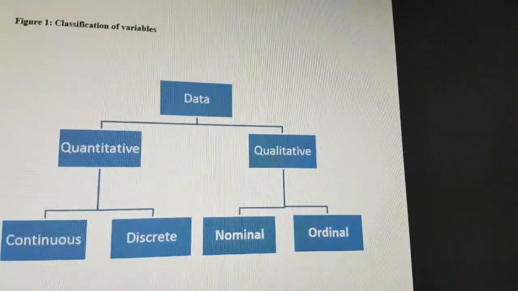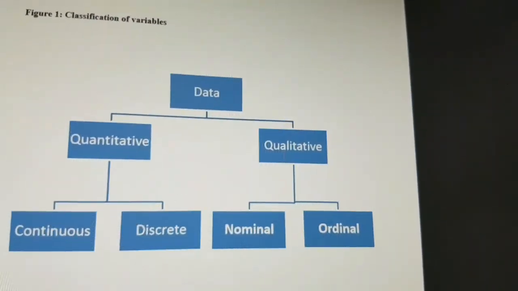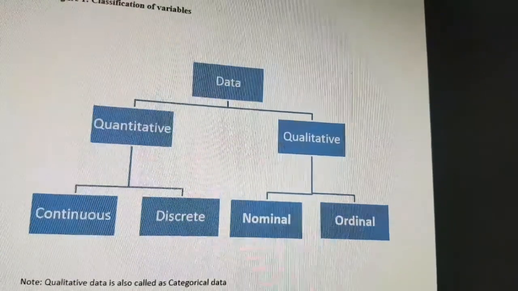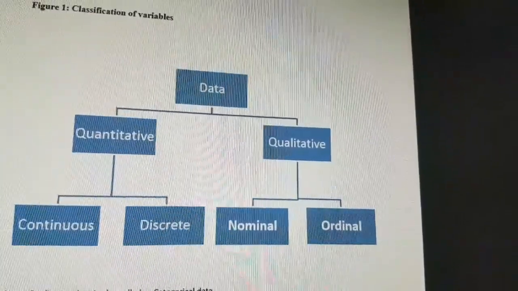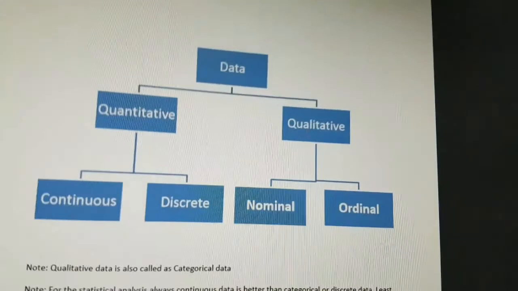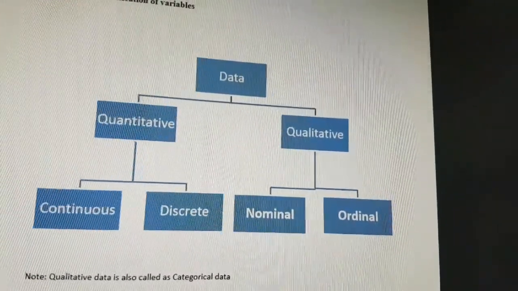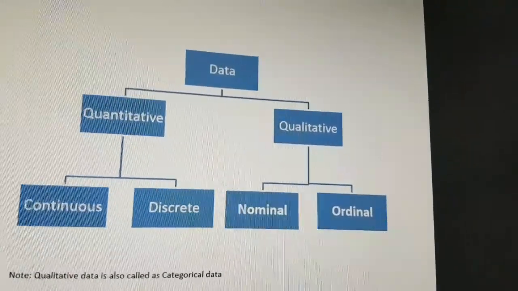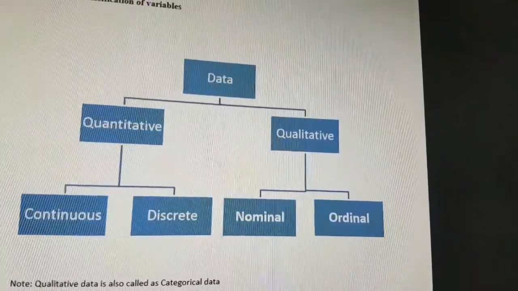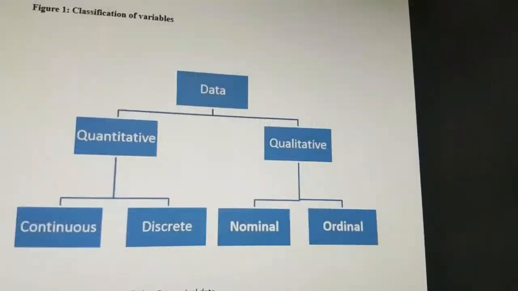So all ordered categorical data comes under ordinal. Both are non-numeric. There is no exact number for this type of data. But the difference is nominal is unordered category and ordinal is ordered category.